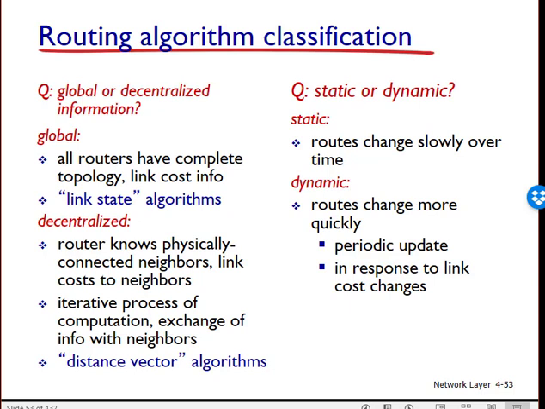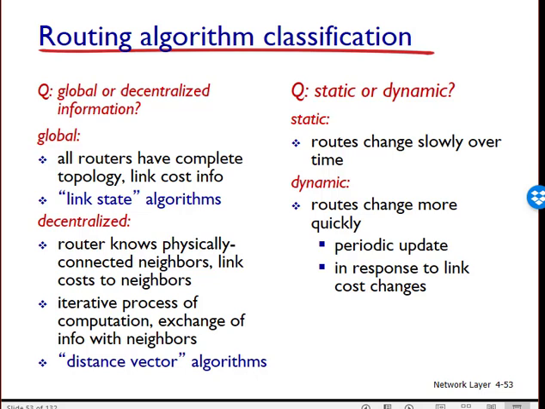Broadly, one way in which we can classify routing algorithms is according to whether they are global or decentralized. A global routing algorithm computes the least cost path between a source and destination using complete global knowledge about the network. That is, the algorithm takes the connectivity between all nodes and all link costs as inputs. This requires that the algorithm somehow obtain this information before the calculation.